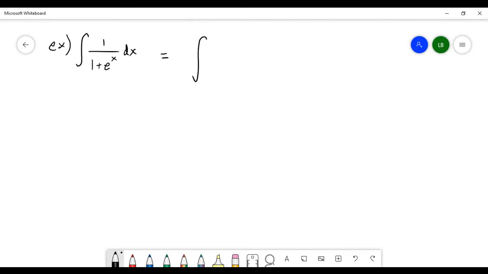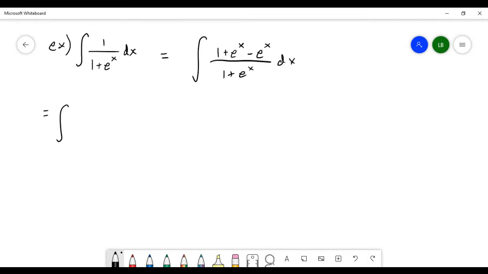We can rewrite it in a clever way, like so, to make it integrable. Because e to the x minus e to the x is 0, so we just added 0. It didn't change our problem at all.